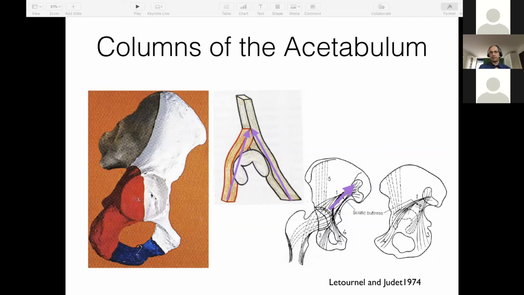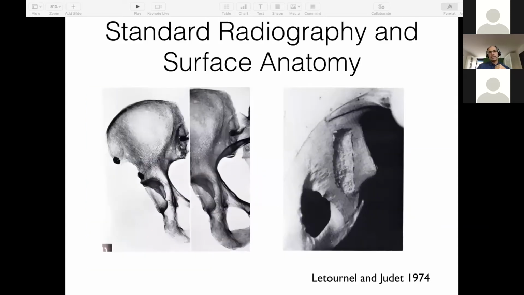Okay, standard radiography and surface anatomy were really worked out to a great degree by Judet and Letournel in their classic book and articles. And basically how they did this was they would take a pelvis.